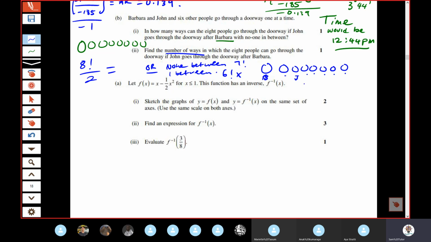How many ways can these B and J move? 1, 2, 3, 4, 5, 6. That's 1 way.